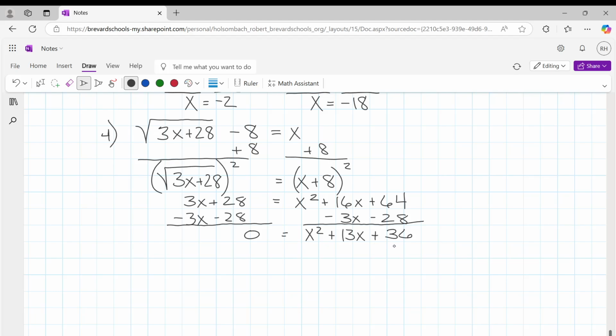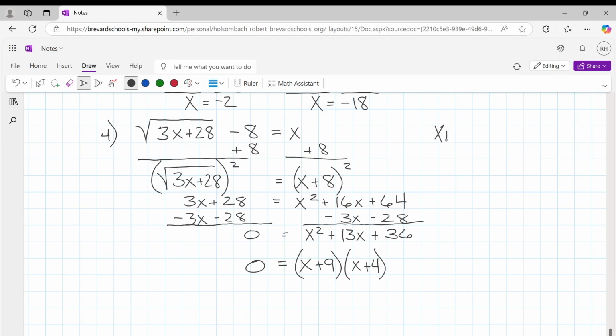So we factor the right side. So 0 equals x plus 9 times x plus 4. And then set each factor equal to 0.